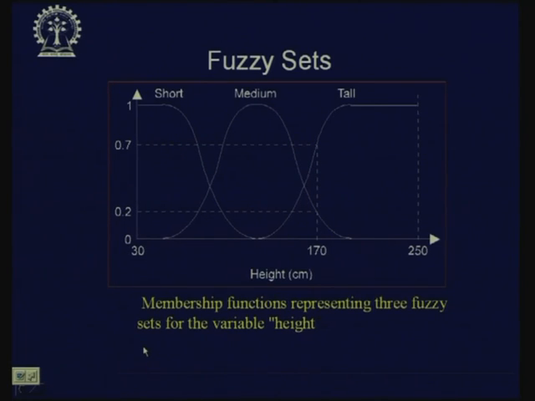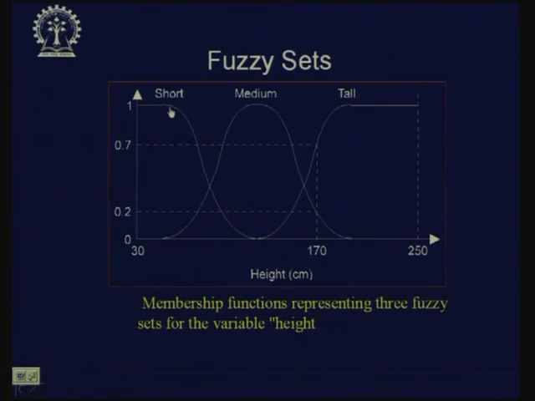Here is another description of a fuzzy set. On the x axis we have plotted height, on the y axis we have plotted the membership of the different heights in different fuzzy sets. Here we have defined three fuzzy sets, one is tall, one is medium, one is short.